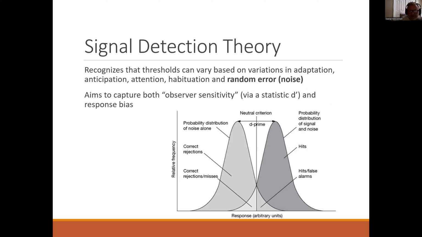On the right-hand side is the distribution for the noise plus signal, right? So this is now a different distribution that contains the signal. And when these two distributions start to overlap each other, what that means is that the signal to noise ratio is very, very small, and it's very, very difficult to tell the difference between the signal distribution and the noise distribution, right?